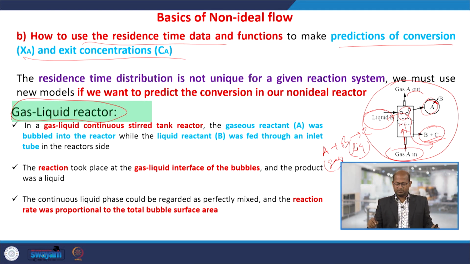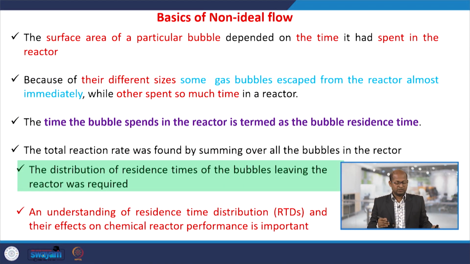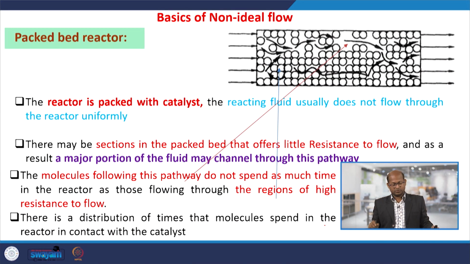Therefore the overall conversion distribution would be different, and the exit concentration of B coming out would be different, meaning how they actually behave inside the reactor. If you want to know why there are changes, then you have to do this RTD study to check the reactors. So we need to understand the residence time distribution and its effect on chemical reactor performance.